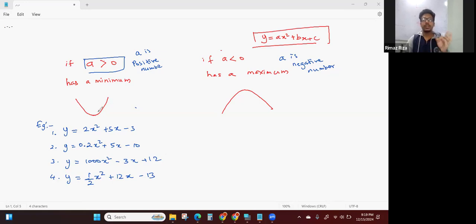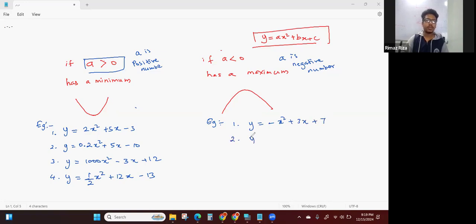I'm very sure definitely they have a minimum because all of their coefficients are positive numbers. Okay, so here we write the example for graph with maximum. Here we can write y equals minus x squared plus 3x plus 7.